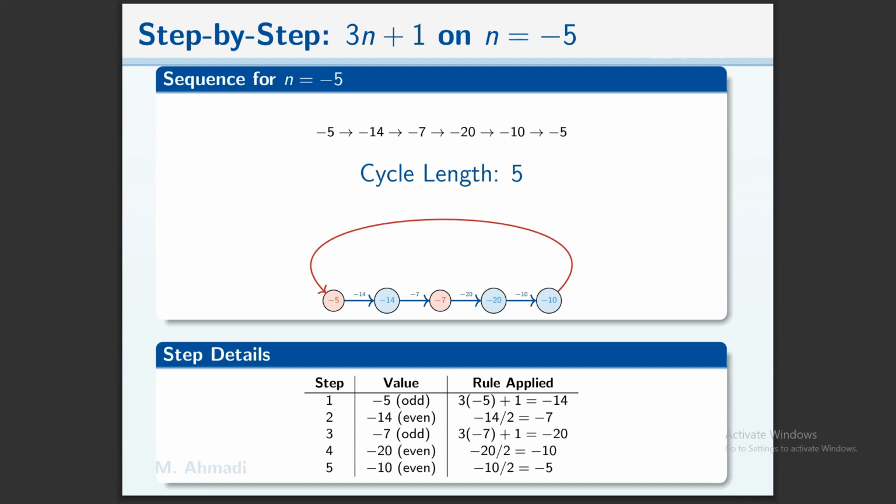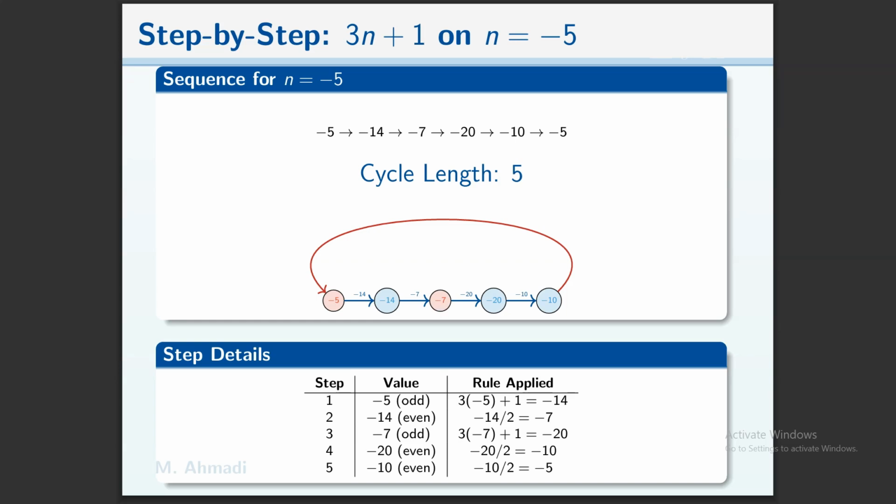For n equals -5, let's start from -5. -5 is odd. If we apply the rule 3n+1, the result is -14. So we enter -14. -14 is even, then -14 divided by 2 is equal to -7.